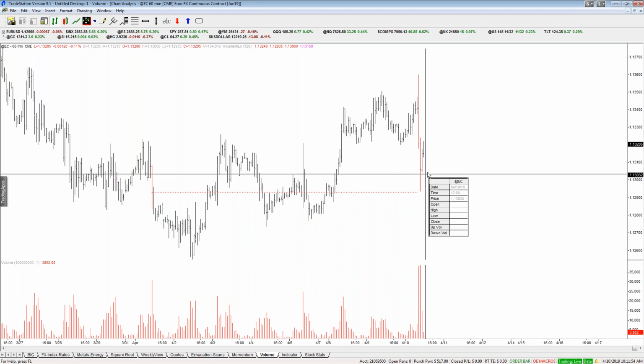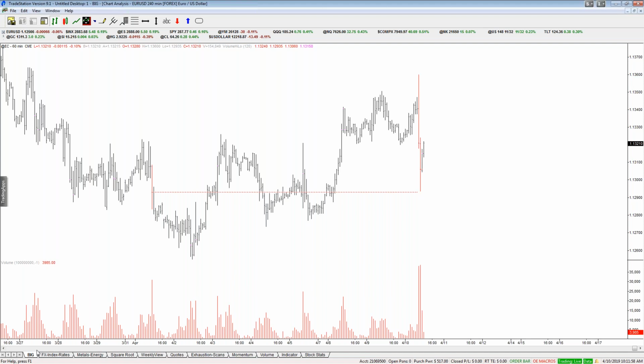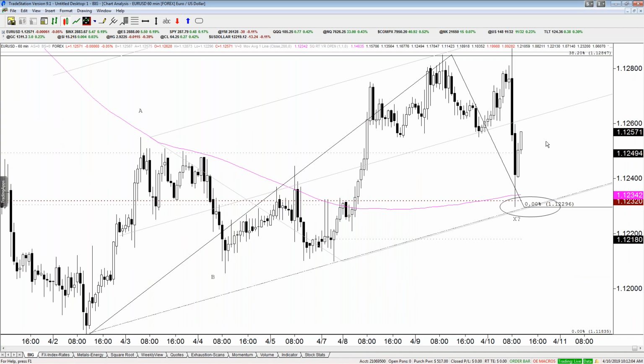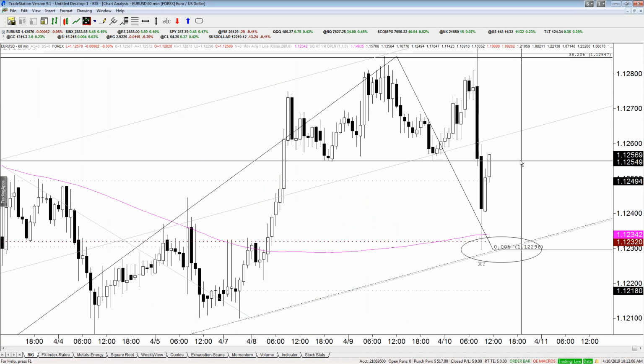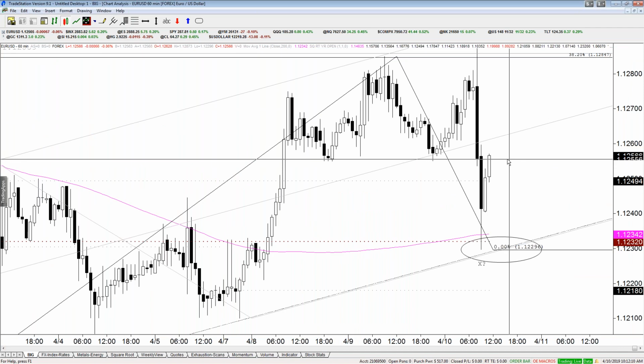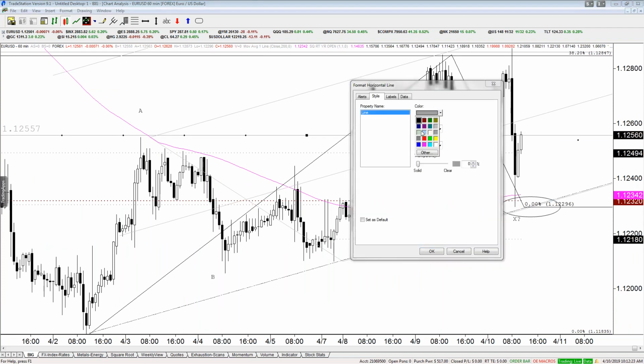So if we start to get up through here, we go to the spot chart, go to the hourly chart. If we start to get up through here, then you've got the opportunity to throw an entry down on the high volume level, which is going to be 1256.